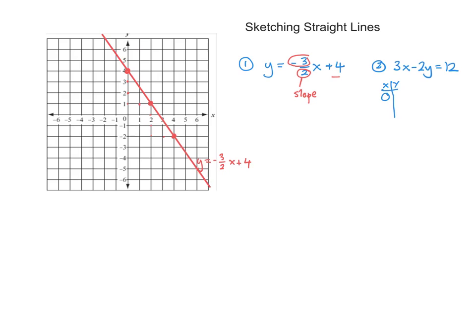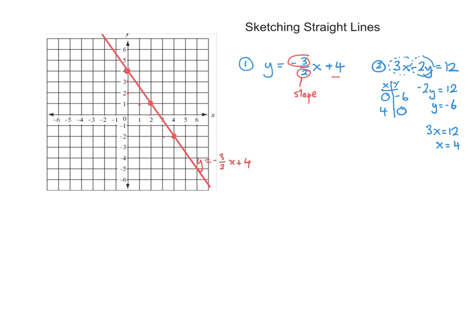If x is 0, we get negative 2y equals 12 because this bit has disappeared when x is 0. y equals negative 6, that goes there. And if y is 0, this bit disappears and we get 3x equals 12, x equals 4.